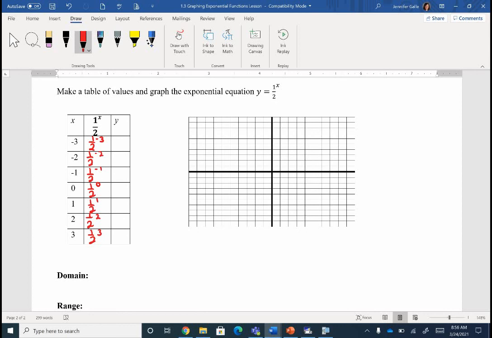All right, so we have 8, 4, 2, 1, a half, a fourth, and an eighth. So notice even on your tables, guys, our tables are going opposite too. Our tables are opposite as well.